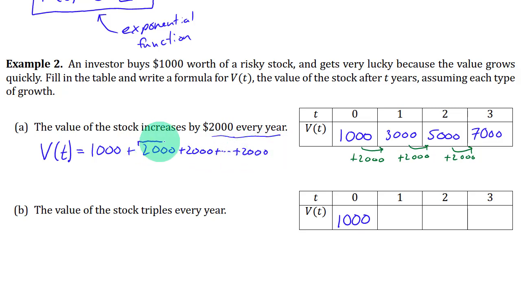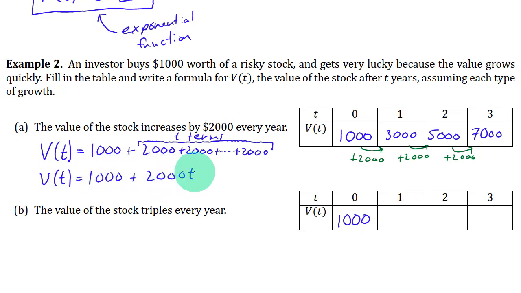And the number of copies of 2,000 is the number of years that went by. So another way of saying 2,000 plus 2,000 plus 2,000, t different times, with t terms of 2,000, is v of t equals 1,000 plus 2,000 t. 2,000 times t means 2,000 plus 2,000 plus 2,000, t times. Okay.